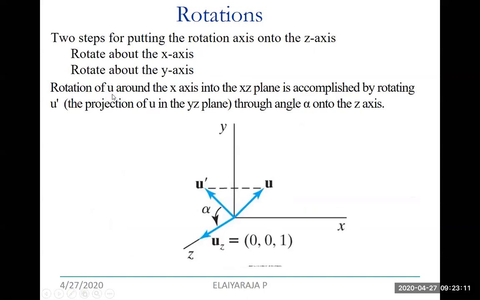Okay, rotation of U around x-axis into xz plane is accomplished by rotating U dash, the new vector value, the projection of U in yz plane through angle of alpha onto z axis, which means here in your z axis rotation, your x value is going to 0, y value is going to 0.